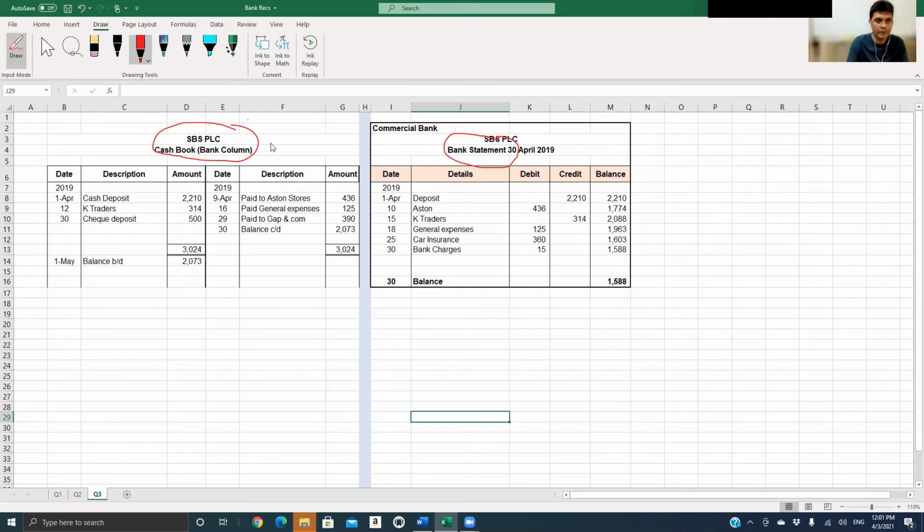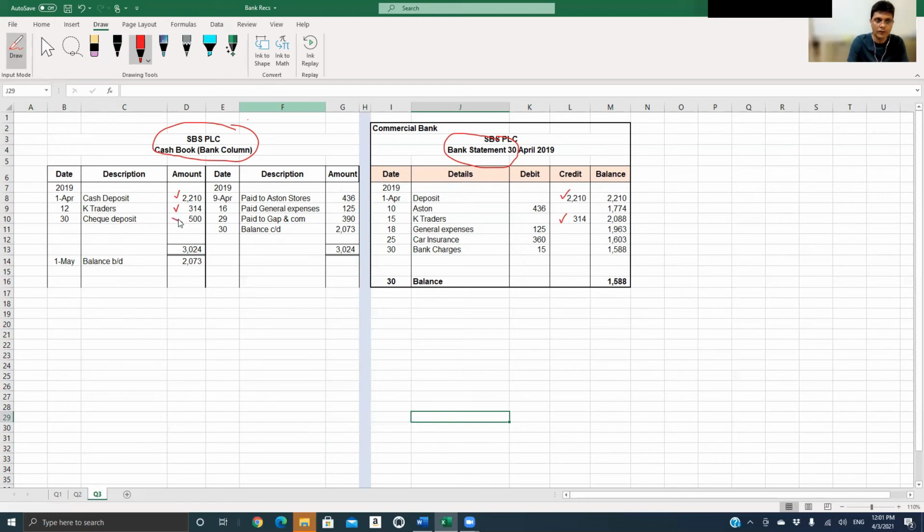Cash deposit, has it been credited to the bank statement? Okay, I'll put a tick. Second one, K Traders. We received a check and deposited it. Has it been credited? Yes. Then check deposit for 500. Has it been credited?